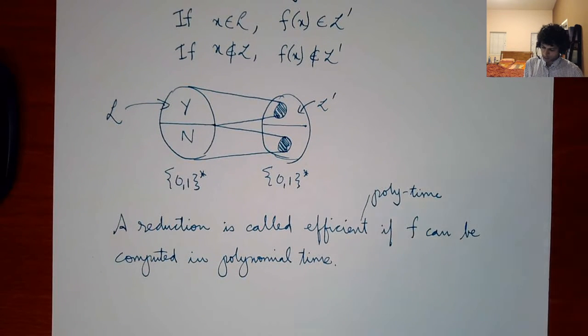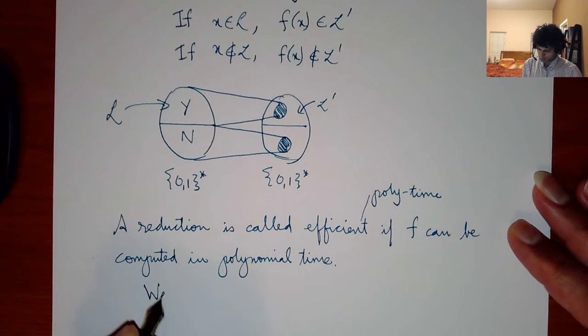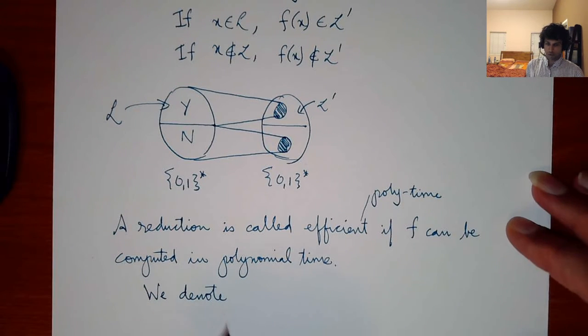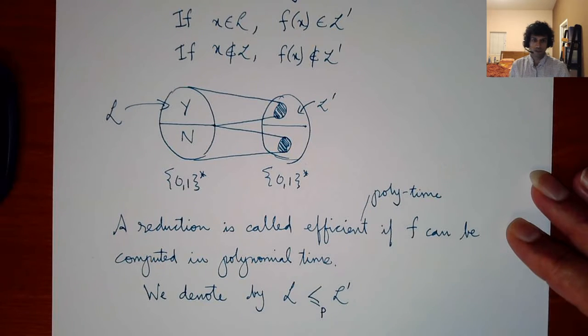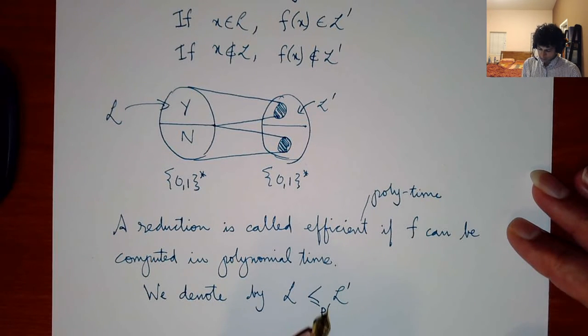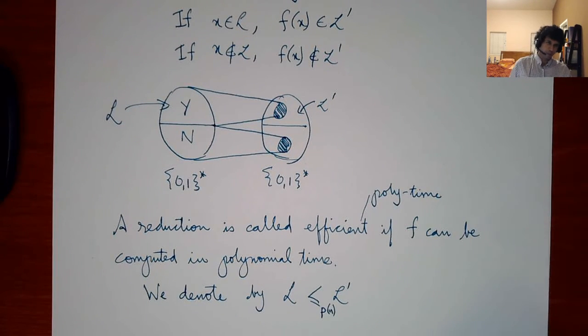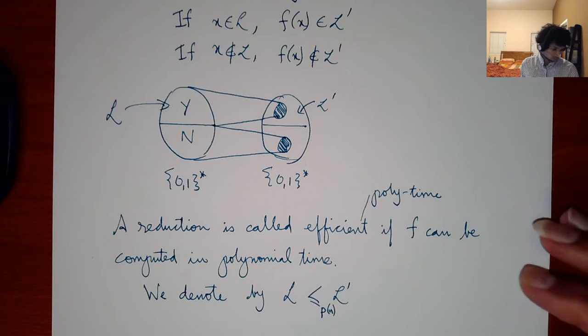We denote an efficient reduction from L to L prime by L to L prime, and we'll put a P over there. Sometimes it's common to put a P of n. I'll put either a P or P of n.